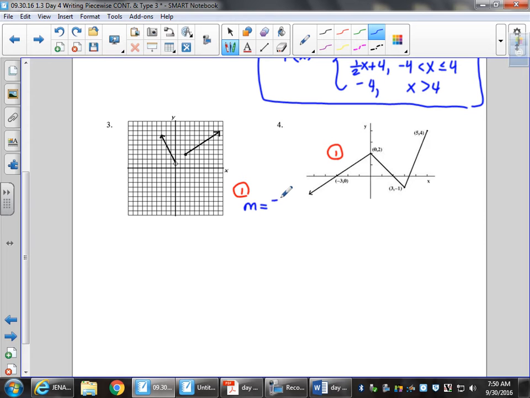So that would be a -2 divided by a -3, which equals +2/3. Great. Y-intercept? 2. Nice. And we already established it is a ray. What direction? Ray left. Nice.